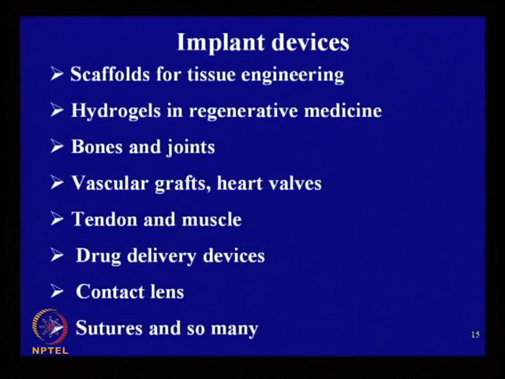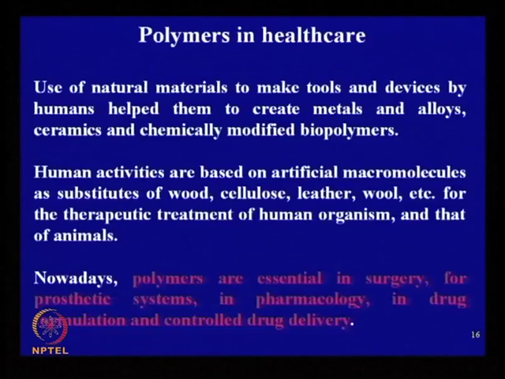And ultimately, if the scaffold is biodegradable, then by slow biodegradation we can get a native tissue. So, hydrogels in regenerative medicine: bones and joints, vascular grafts, heart valves, tendon and muscle, drug delivery devices, contact lens, sutures, and a large number of applications can be mentioned.